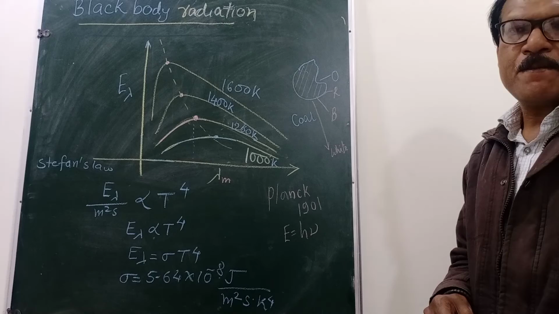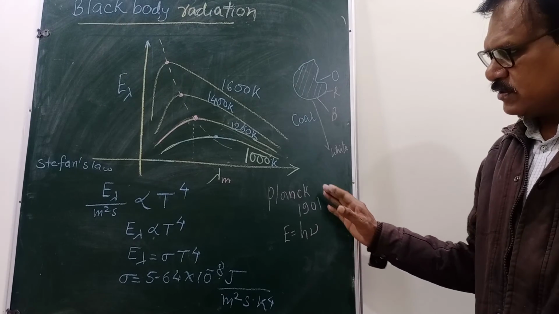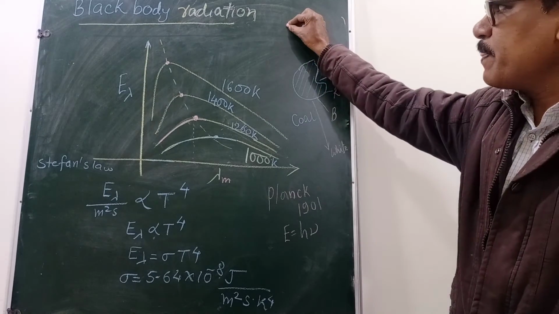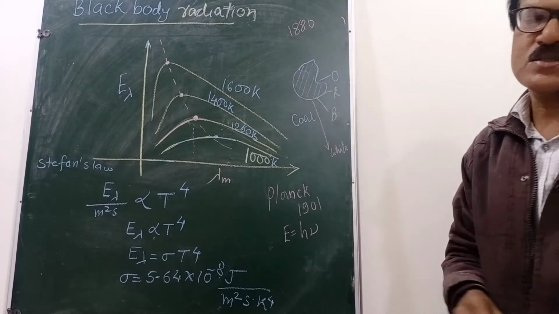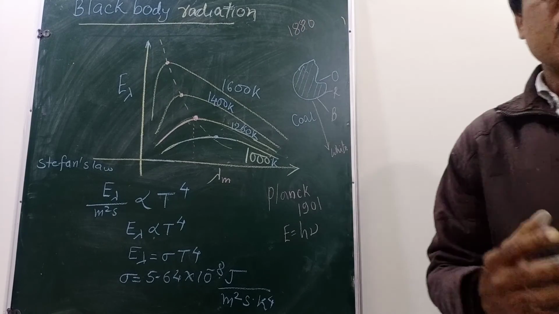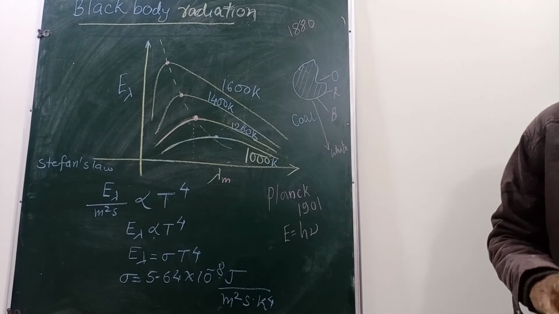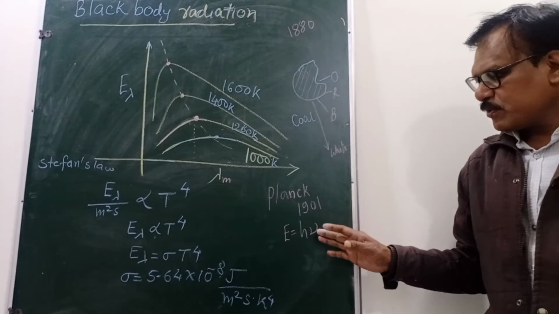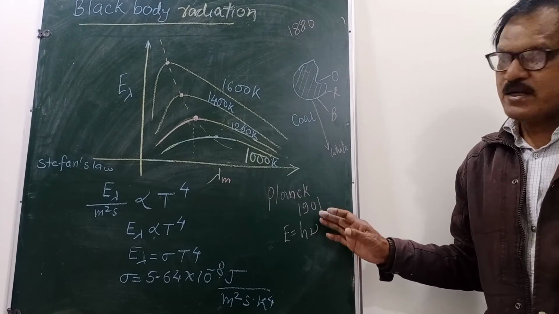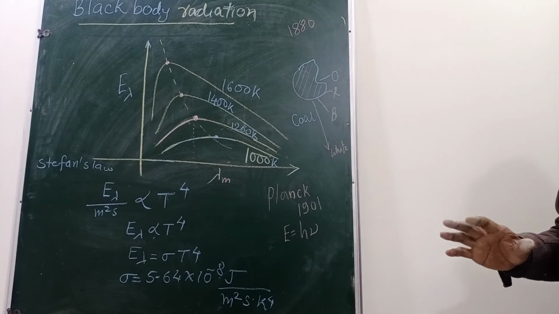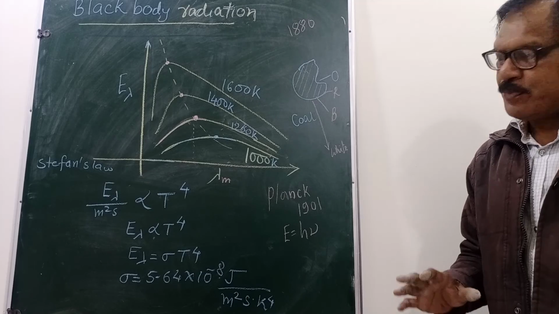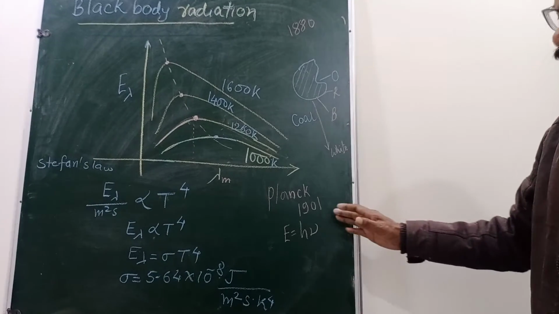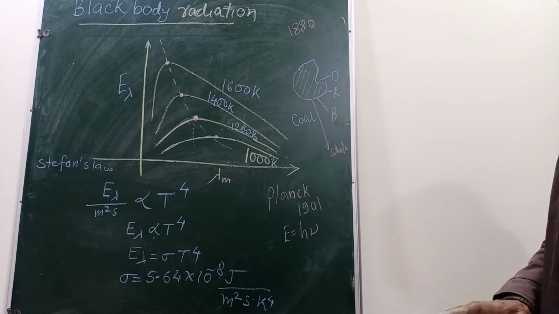Before this, in 1880 and before that, people were considering that energy depends upon the amplitude. Now they know that the energy is directly proportional to the frequency. Hence, this curve gave the clue to modern quantum mechanics. Only after 1901 did quantum mechanics develop.